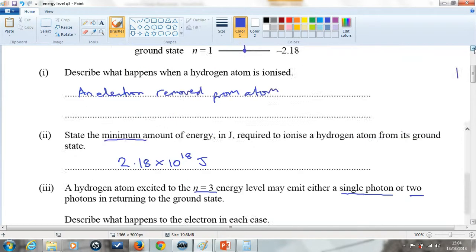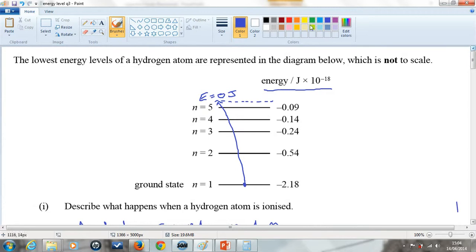Well, again, if we go back up to our energy level diagram, it's at n equals 3. If it's going to give off just 1 photon, that means we have 1 transition. So it's going to go all the way from n equals 3 down to the ground state, giving off a photon of energy equal to the difference in those energies.